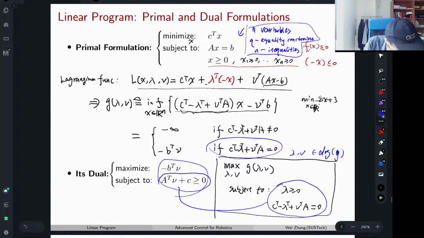And the other one has Q variables, only nu, the decision variables, and also N inequality constraints only.